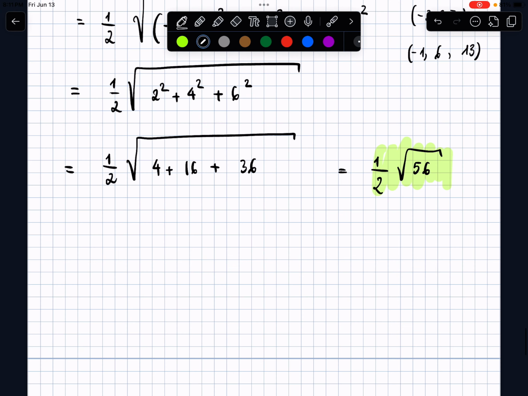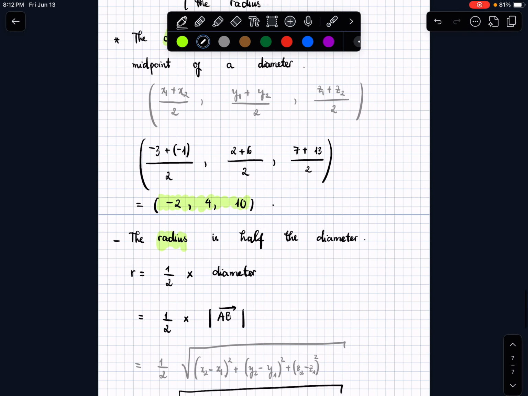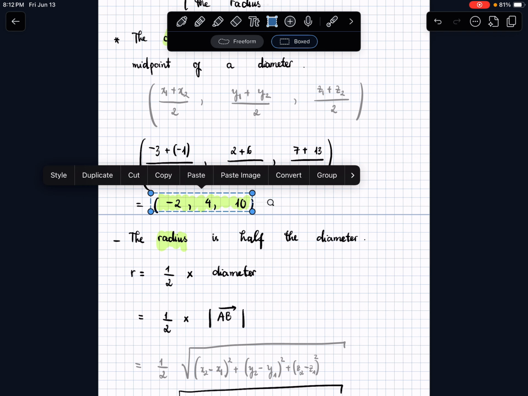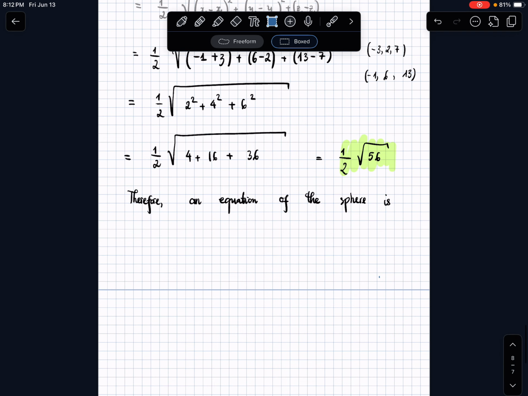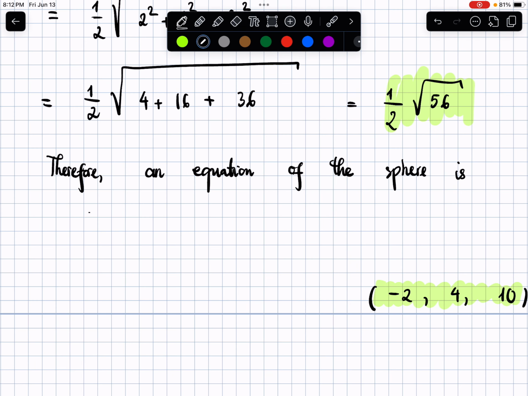Therefore, an equation of the sphere is, let me get the center, x minus -2, right?